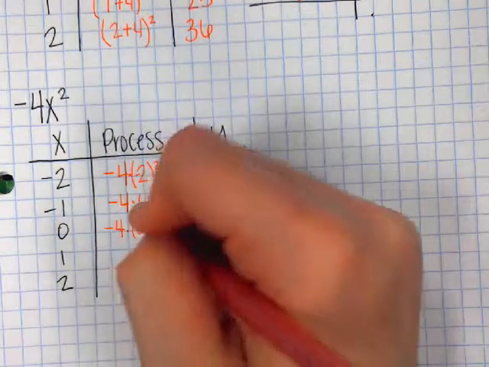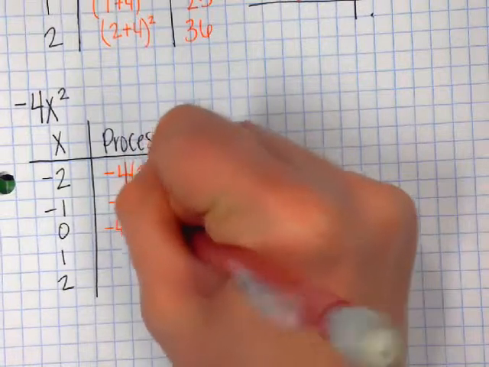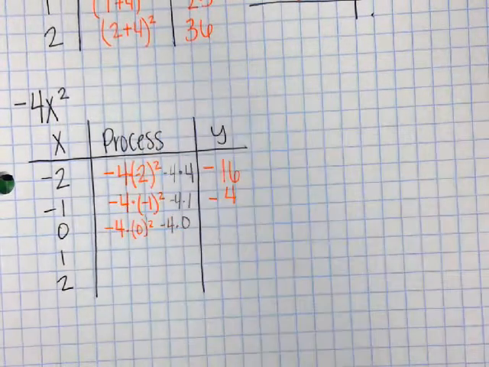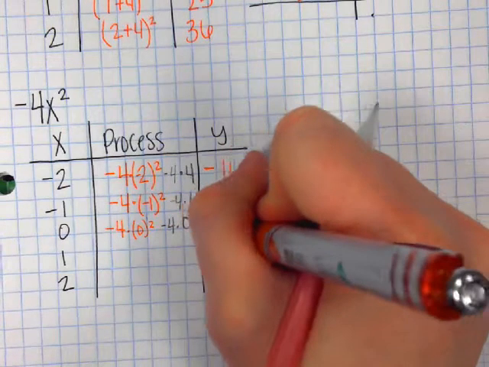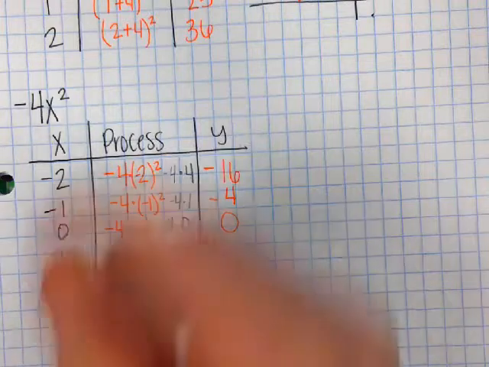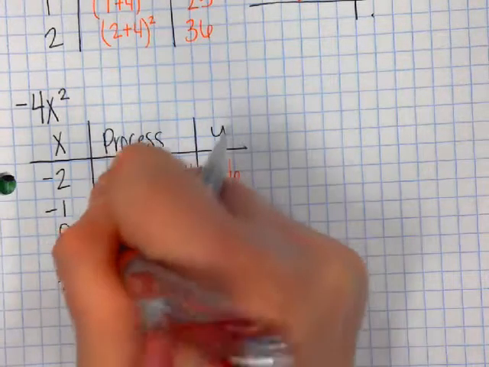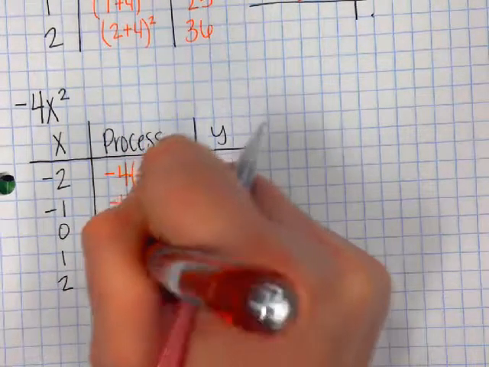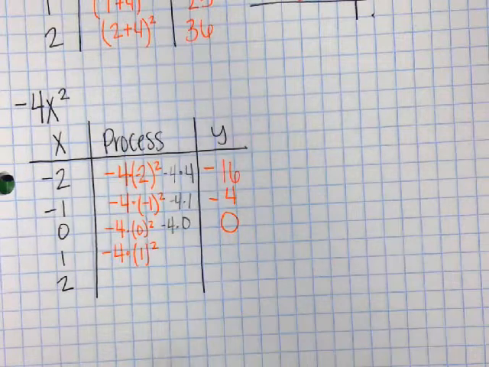Okay. Negative 4 times 0 squared. 0 times 0 is 0. Negative 4 times 0 would still be 0. Anything times 0 is always 0.